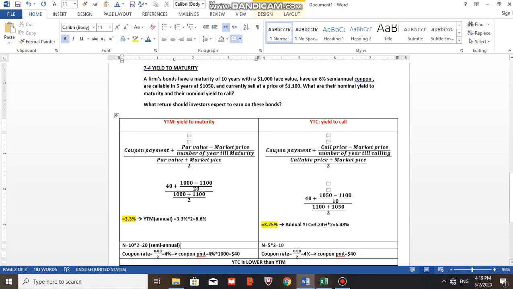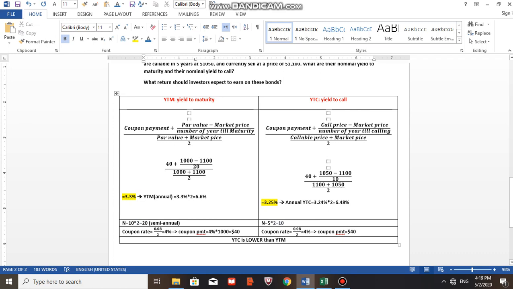Now, the first part of the question was to calculate YTM and YTC and then to deduce what return investors should expect to earn on these bonds. We all know that bond issuers will take decisions on calling or not calling the bond based on the comparison between YTM and YTC. So let's check here the comparison between YTM and YTC.